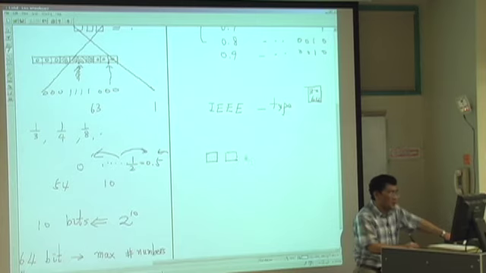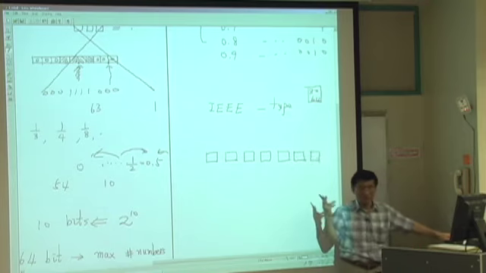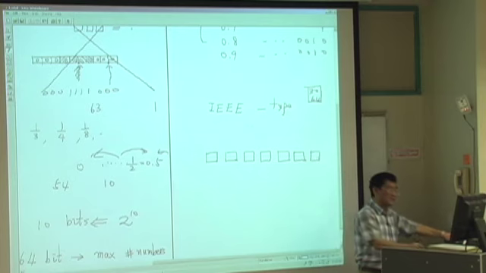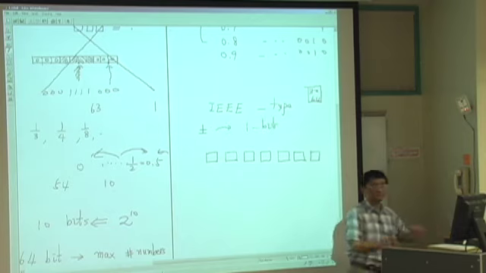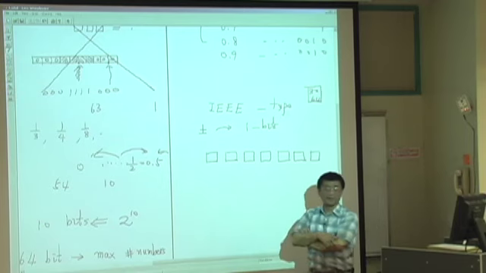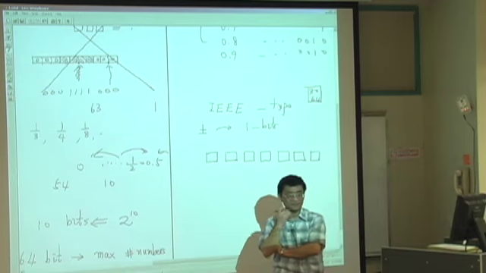Then take a look. We should take care of two things. One thing is sign, plus or minus, right? So to represent sign, 1 bit may be necessary, right? So 1 bit is gone. That means 7 bits are available.